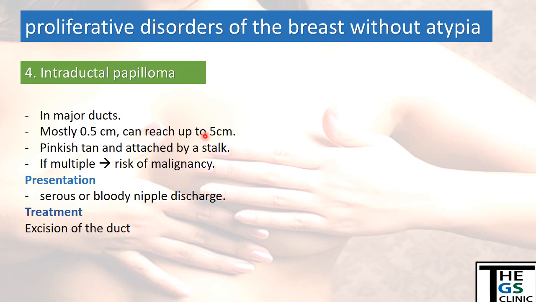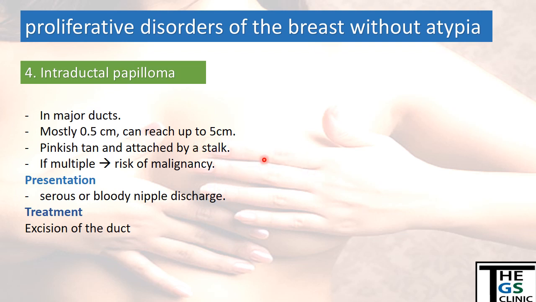Its size is usually 0.5 centimeter, but it might reach up to 5 centimeters. So it's not common to be larger than 0.5 centimeter, but it's okay to find a 2, 3, or even 5 centimeter intraductal papilloma.